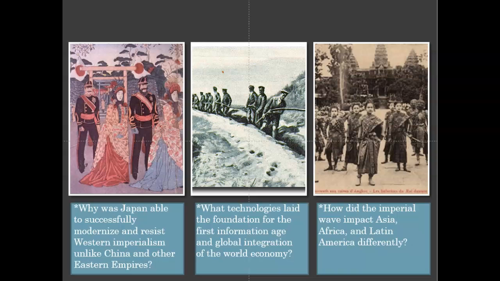We're going to look at not only technologies that you know, like the steam engine and the boiler and steamships, but also the transatlantic cable that enabled the rapid transfer of information across vast distances and made the world shrink.